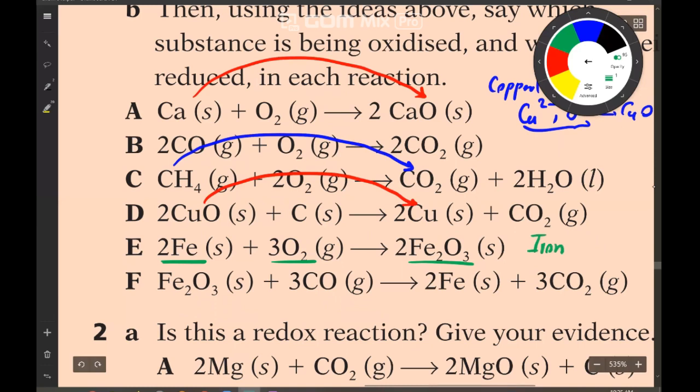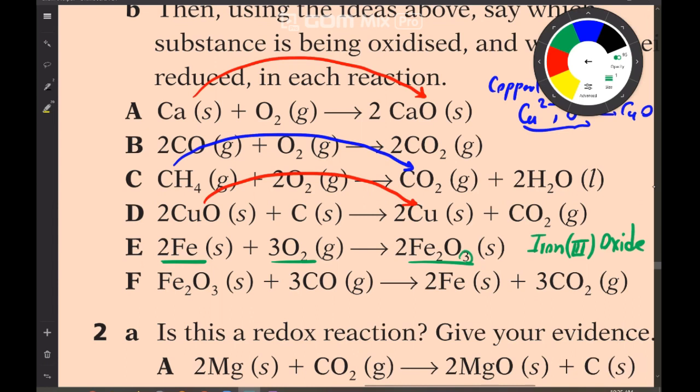It is iron oxide, but which iron? Exactly, it's iron 3. The 3 charge for the iron went to the oxygen. So iron reacts with oxygen, gives you iron 3 oxide.